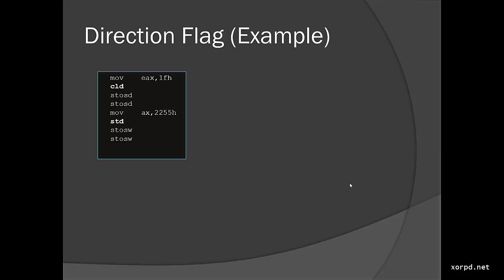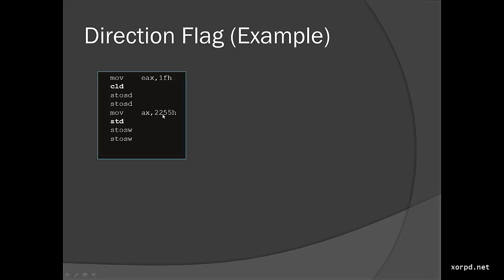Let's look at an example where we change the direction flag and see the effects. Here we can see some code where first we move this value into EAX, and then we clear the direction flag and store a DWORD twice.